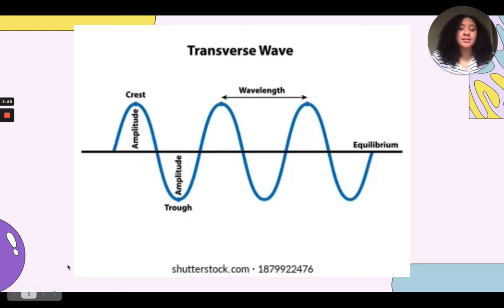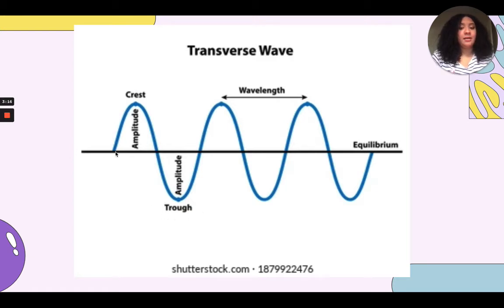Here are some definitions that come with transverse waves. A crest is the height of a wave, the highest point of the transverse wave. The trough is the lowest point of a wave. So the tippy top is the crest, the bottom is the trough.